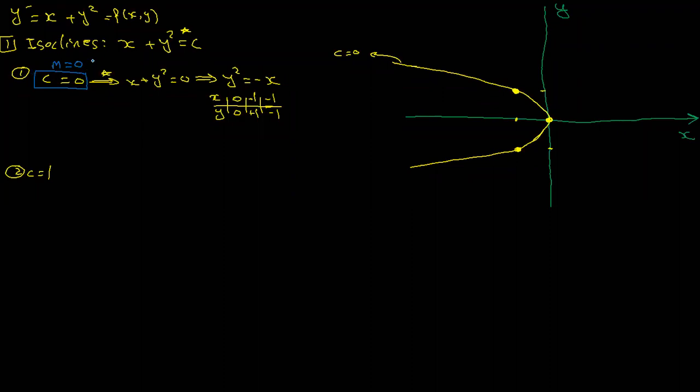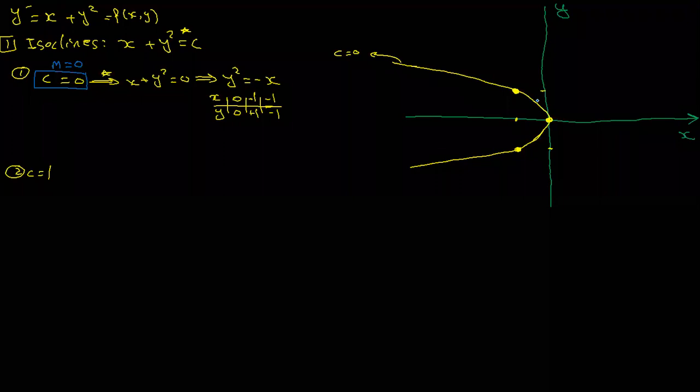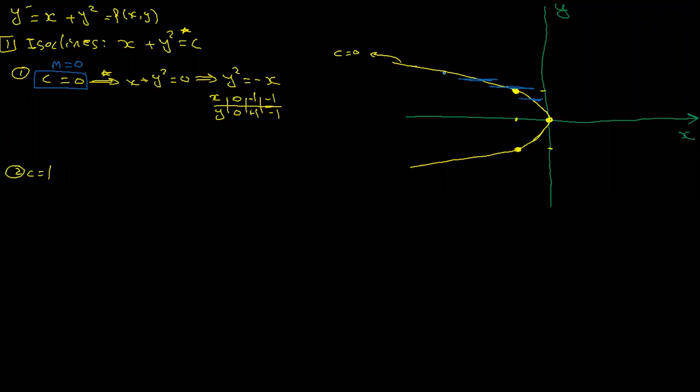What do you think if your slope is 0? So the line segment must be like what? Horizontal, parallel to the x-axis. So on this yellow, I'm going to draw small line segments parallel to the x-axis, on all of it.